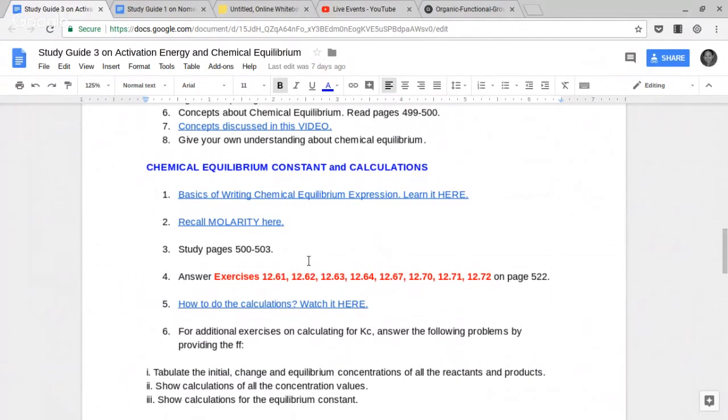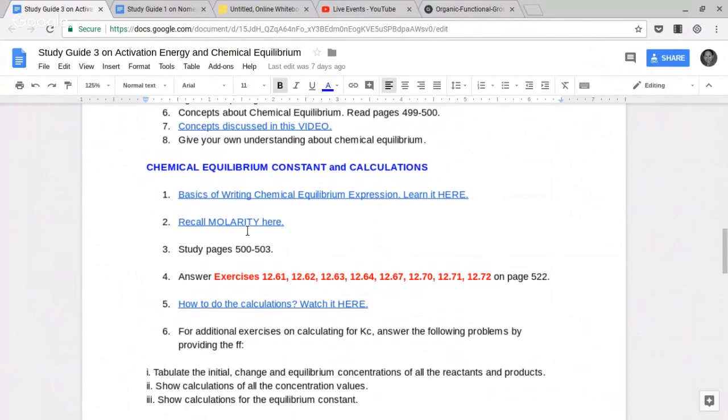But I just want you to remember that before you start any equilibrium calculations, first you've got to check whether your equation is balanced. And once it's confirmed that it's balanced, then you are ready to check whether the amounts given are in molarity. If it's not in molarity, that means you need to make it molar unit.